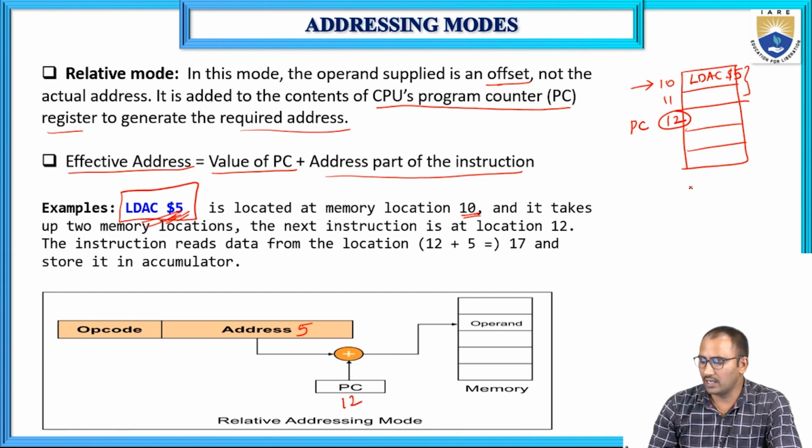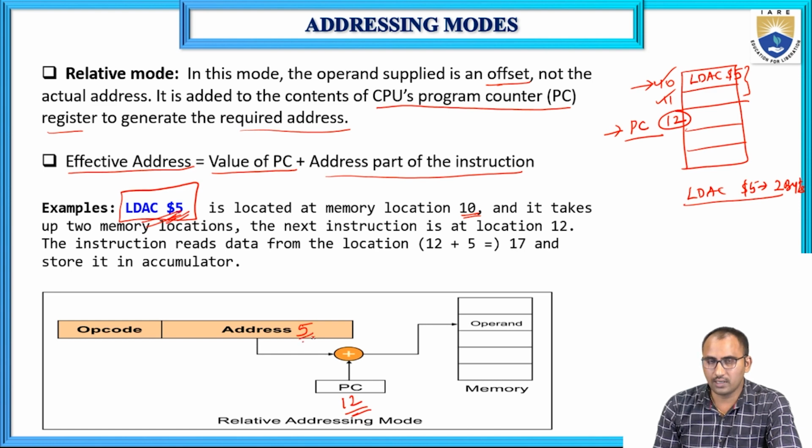This LDAC 5 takes 2 bytes of memory, so the 10th and 11th memory locations are occupied by the LDAC instruction. The next instruction starts from the 12th, so 12 is stored in the program counter.